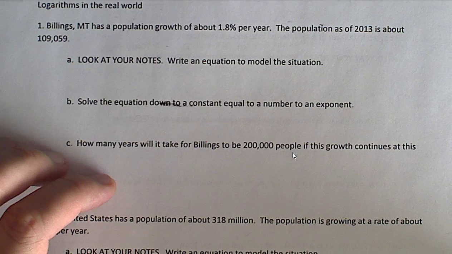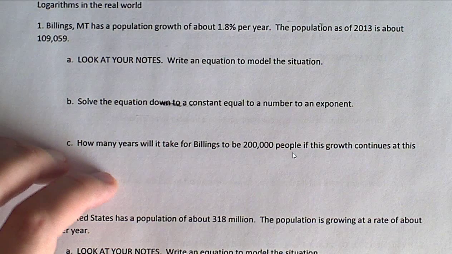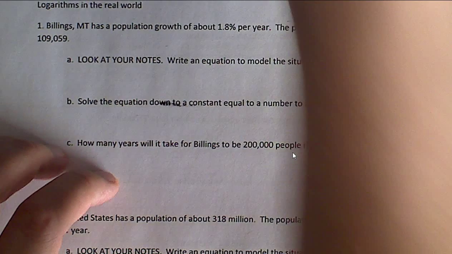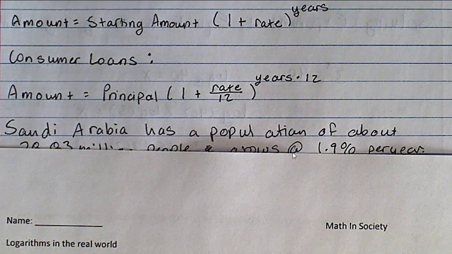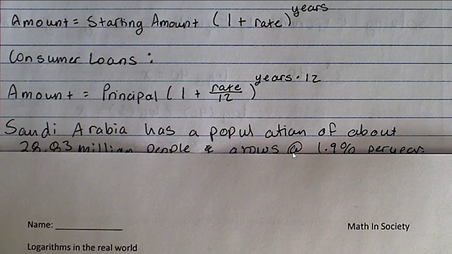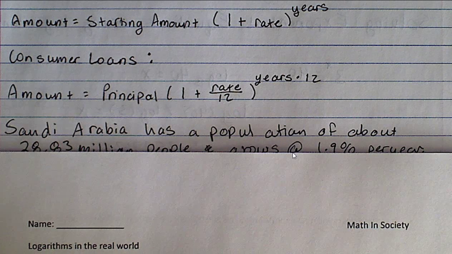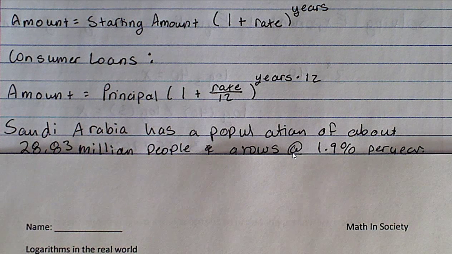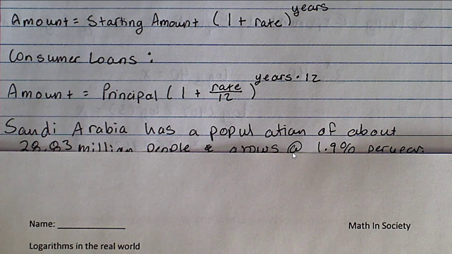Okay, so write an equation to model the situation. This would be based on the population equation. The amount we don't know. So, actually, I guess I should have put the 200,000 in there.